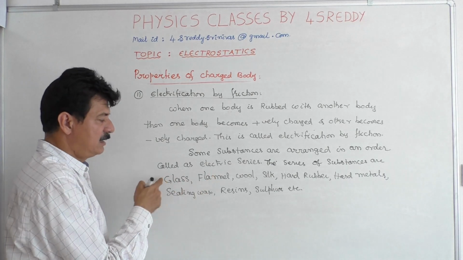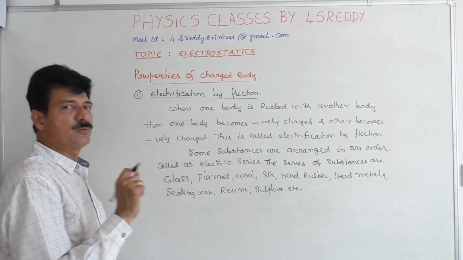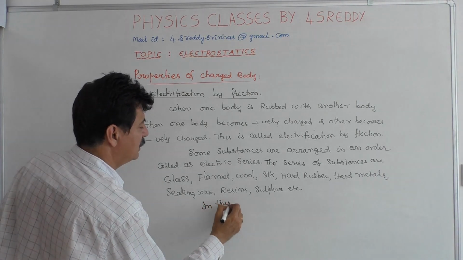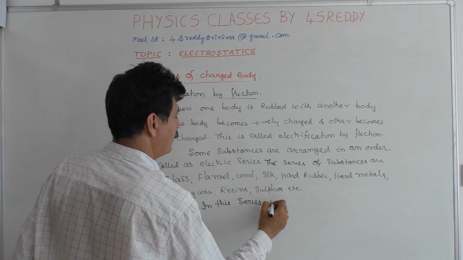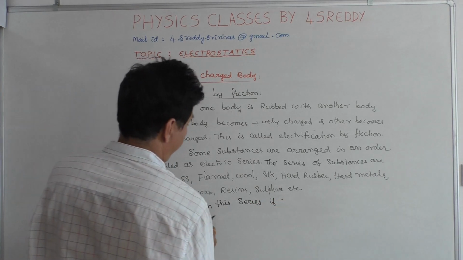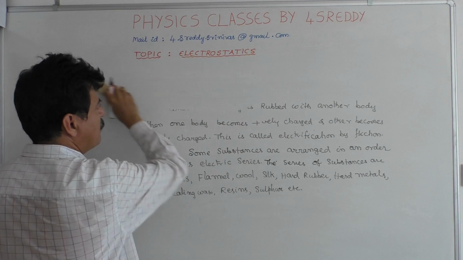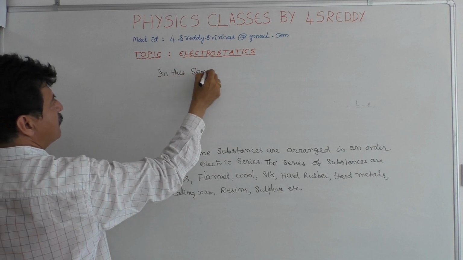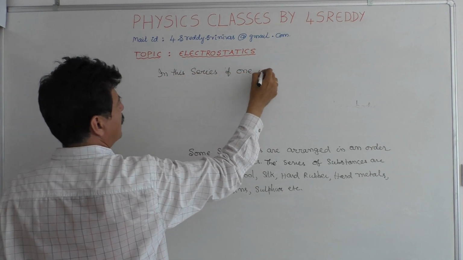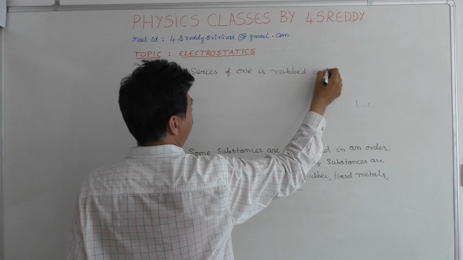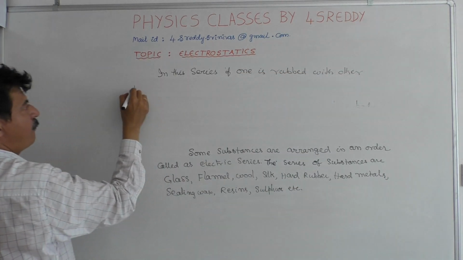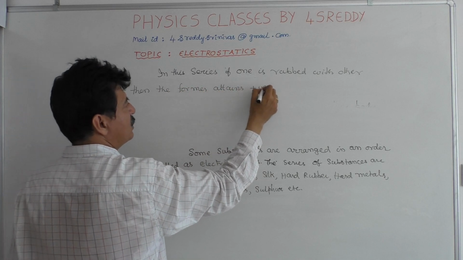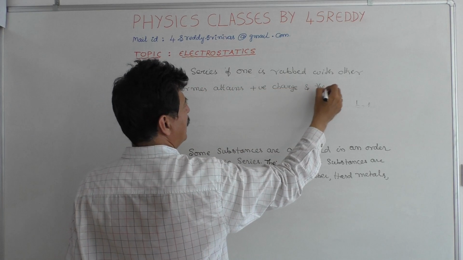So, in this series, if one body is rubbed with the other, the former always attains positive charge and the latter attains negative charge.